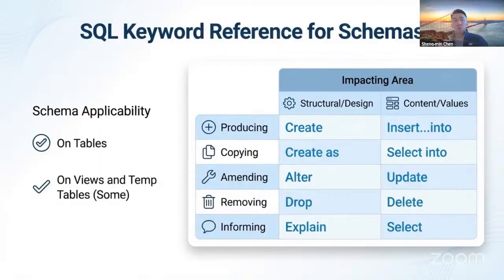Now, let's say someone bought the item and you want to update the status from shipped to delivered, right? Those are actual values that you're trying to change. You use update.